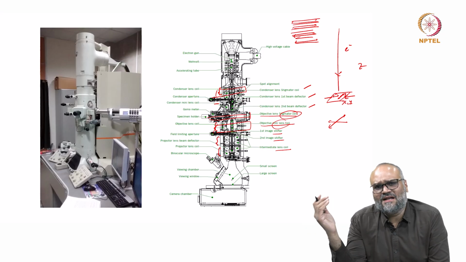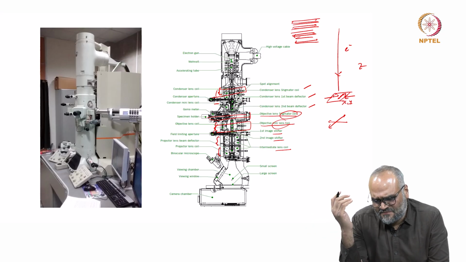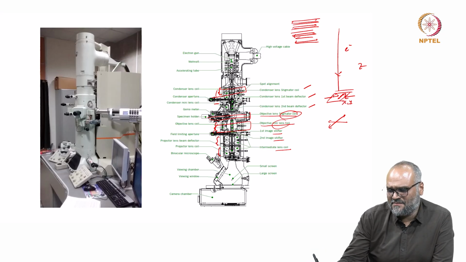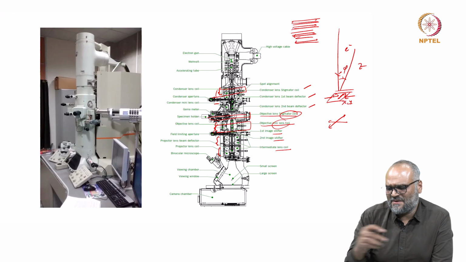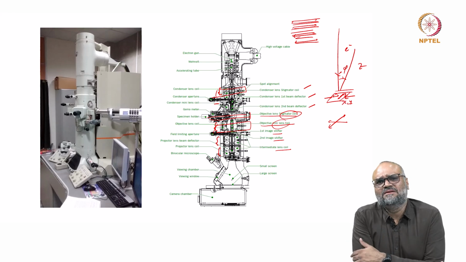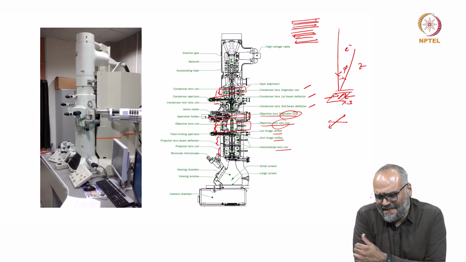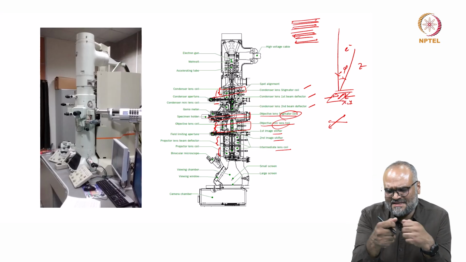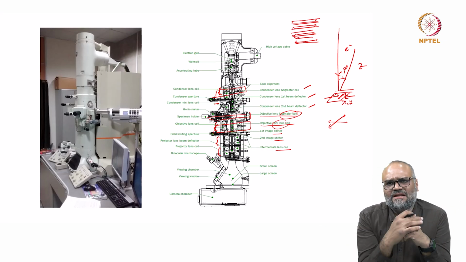There is something called a pivot point in an electron microscope. With respect to one fixed location, I want the beam to be tilted over some angle, let me call it phi, for example. So these are the main actions that I want to do: deflection, stretching, or tilting of the electron beam.